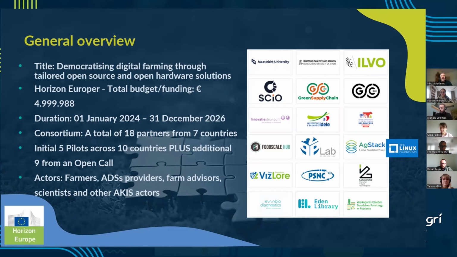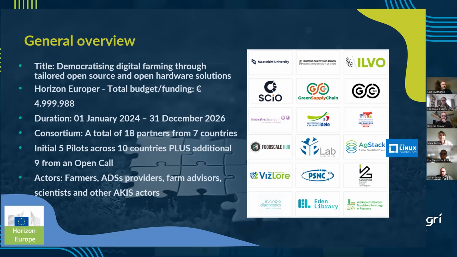Since we are dealing with open source and open hardware, we also have the Linux Foundation, and specifically the AgStack sub-foundation of Linux, in the consortium. The project has 5 pilots that already started in 10 countries, and we expect 9 more from this open call that you came here to hear about in this webinar.